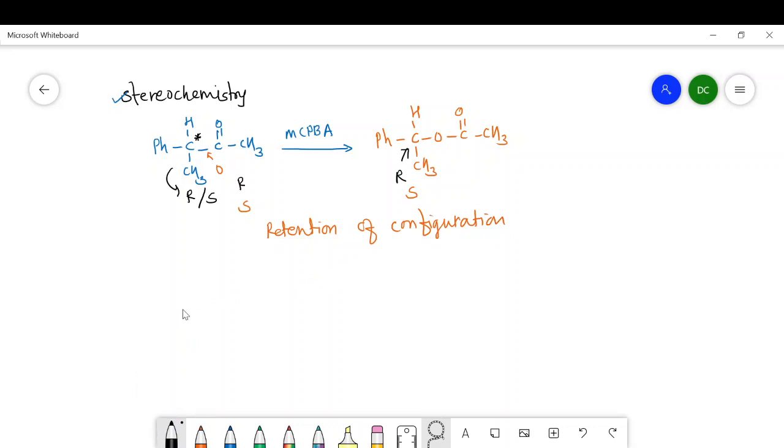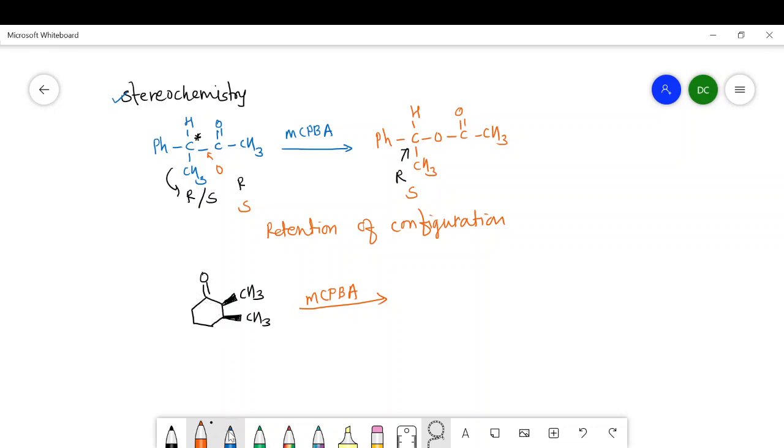Now consider another example in which I will write a cyclic ketone here, and here I will put a methyl. Here I will write another methyl group. Both are on the same side. Now upon the Baeyer-Villiger oxidation process with mCPBA, since this is a cyclic ketone, it gives a cyclic ester.